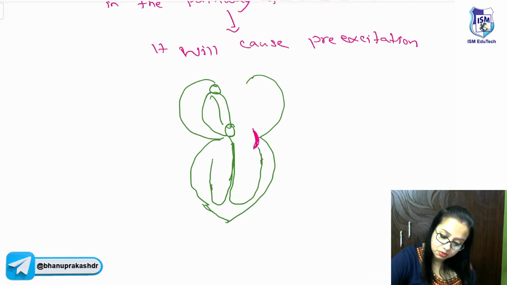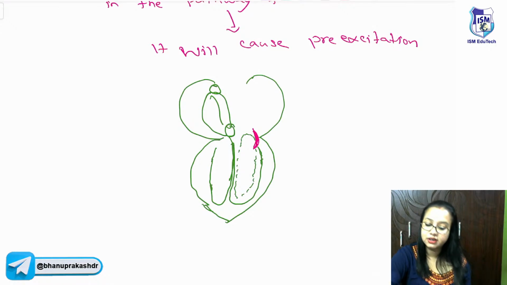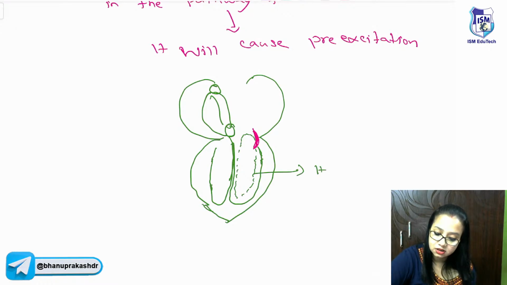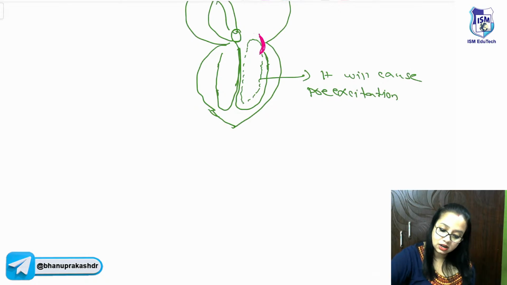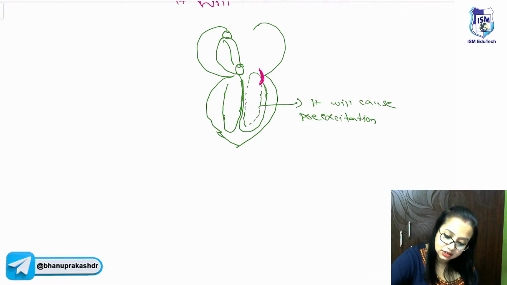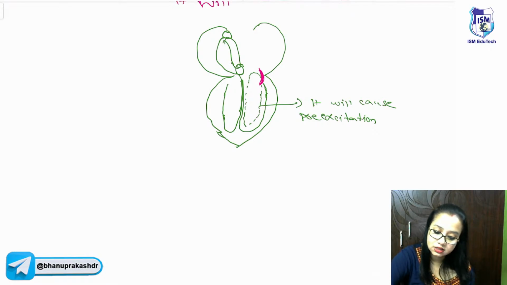This wave of depolarization, after it reaches here, instead of dying off, will get recycled back into the ventricles. So when it gets recycled back into the ventricles, it will cause pre-excitation, meaning it will cause another wave of excitation even before the SA node has generated an impulse. Okay, even before the SA node has generated an impulse.